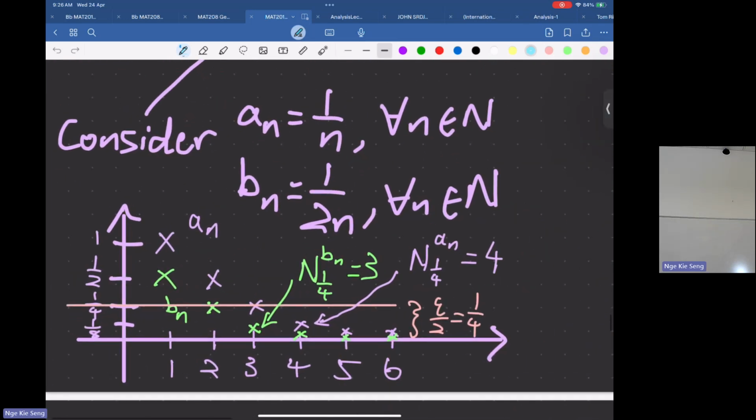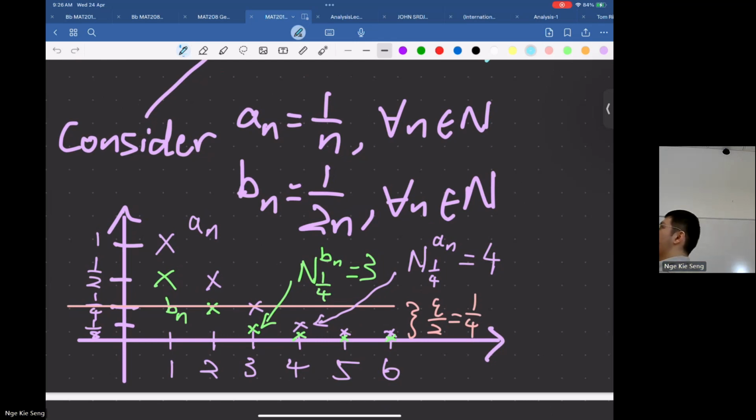Let's say you have these two sequences here, An and Bn. You can see that Bn decreases faster than An. If I pick some epsilon, let's say epsilon is 1/4, and I look at this epsilon gap around my limit here, the limit should be 0. Quite obvious, right?